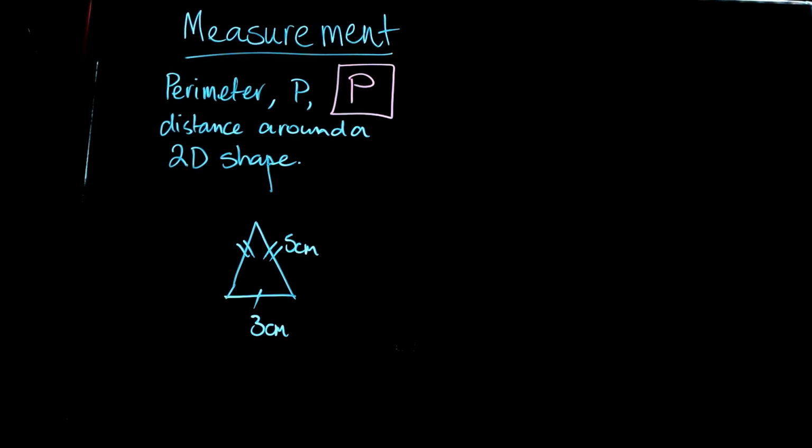It's just the distance around the outside of a 2D shape, and I've got a triangle drawn here for you. But what I want you to notice is that I'll draw it again. If I put two, I call them ticks, they're like little marks on the line that says, hey, if they're the same marks, those lengths are the same, because nothing's drawn to scale.